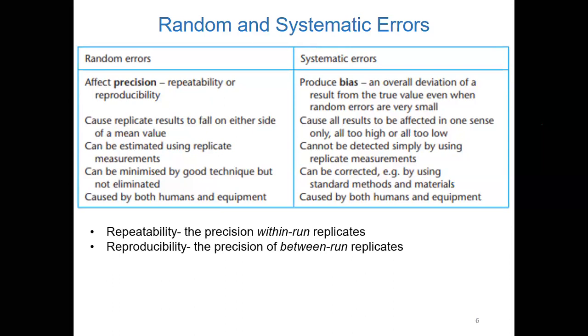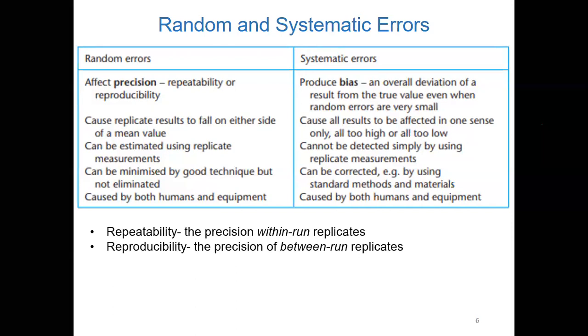And reproducibility means the precision between run replicates. What does between run replicates mean? Suppose you are doing the same titration but in different labs in different countries. You are using the same concentrations, but since you are doing it in different labs, maybe the concentrations change when you are preparing the bulk samples.